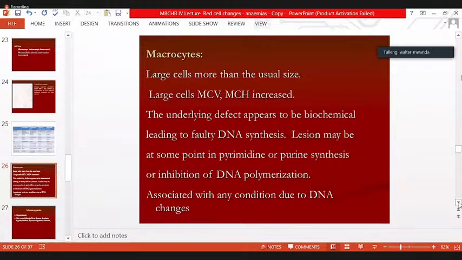Associated with any condition due to DNA changes. Just imagine, due to DNA changes. In fact, overall, due to changes in the red cell membrane as well.